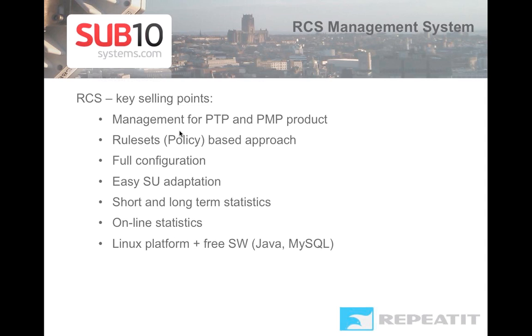From RCS, you can do full configuration. You don't need to go to the web interface for some activities or changes. Everything can be done from RCS. There is a feature called easy SU adaptation. It's very useful for customers who have a lot of SUs and every day install a lot of SUs. They have a so-called basic installation team.